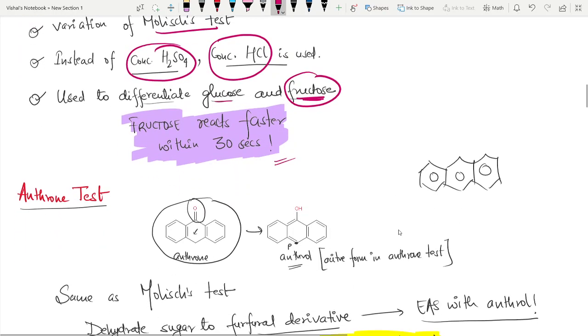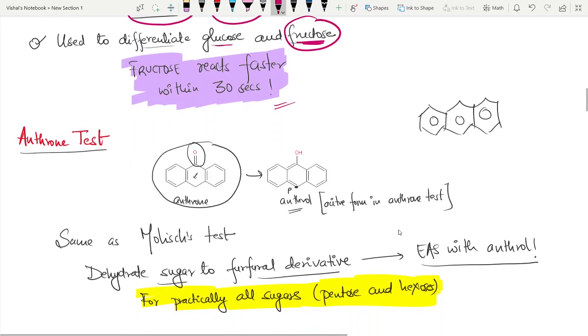And then we have another test which is the Anthrone test, which is very similar to these two tests above, and same as the Molisch test. And what is anthrone? First of all, you know this is anthracene, right? And you have to think of a ketone and the idea of anthracene together. So you can think of this anthrone molecule.